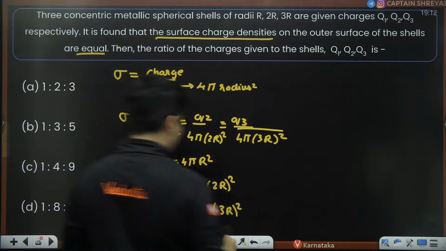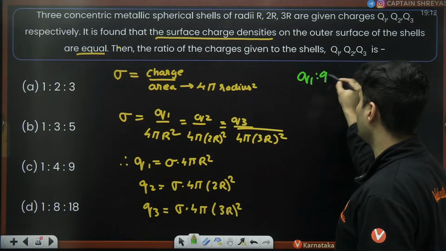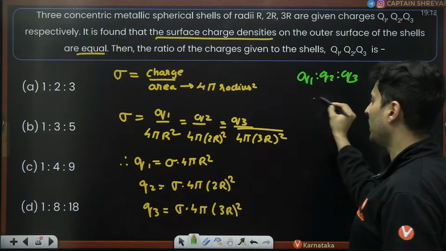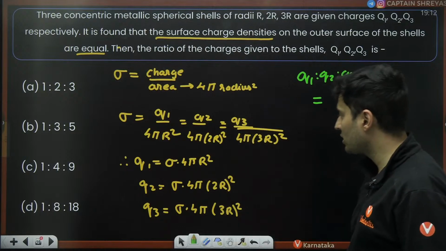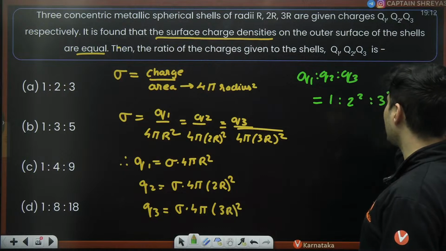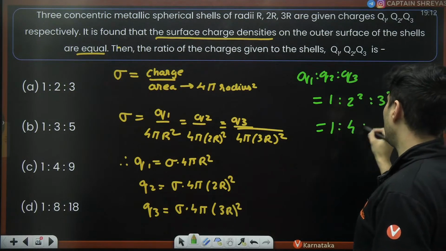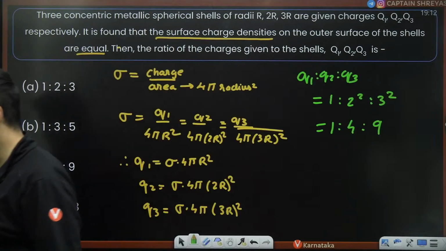When you take the ratio Q1 is to Q2 is to Q3, what will you get, my dear students? Sigma goes off, 4 pi goes off, R square goes off, 1 is to 2 square is to 3 square. This is 1 is to 4 is to 9. That is the answer. 1 is to 4 is to 9. Correct. Option C.